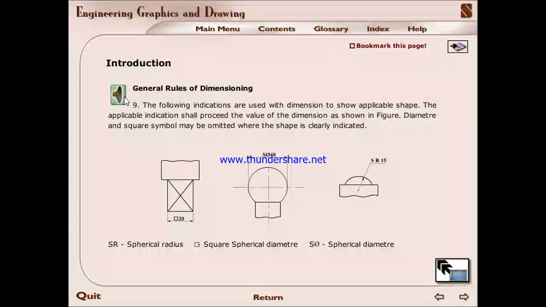Capital SR is equal to spherical radius. Square is equal to square. S phi is equal to spherical diameter.